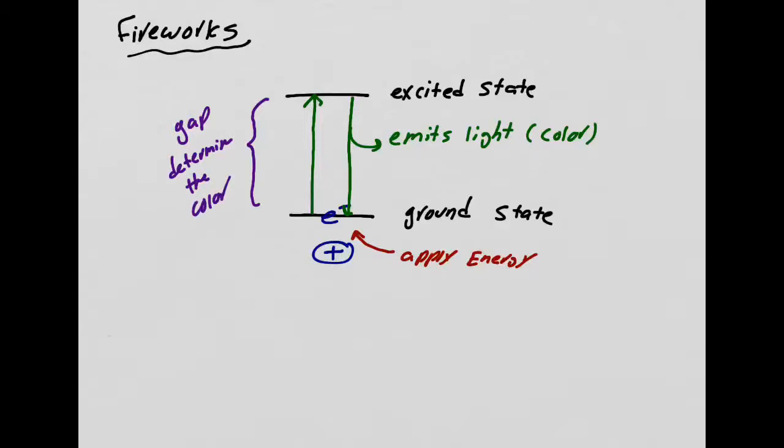So if this gap, for example, is larger, you emit more bluish color. If this gap is smaller, then you're going to emit more reddish color. So this gap will determine what kind of color the element would emit.